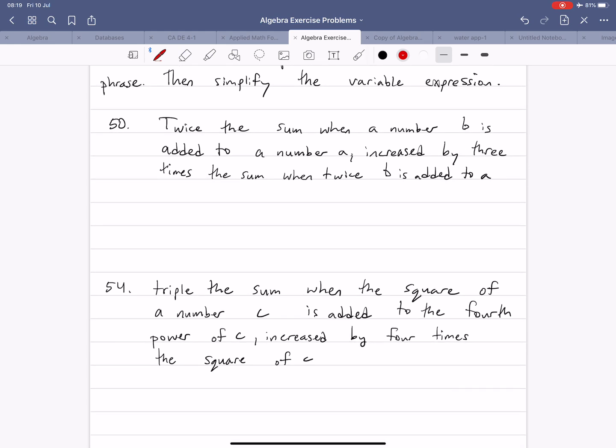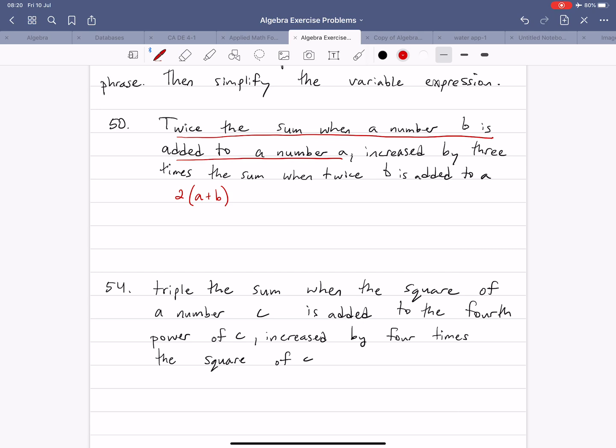So I'm going to do number 50. And here it says, twice the sum when a number b is added to a number a, increased by 3 times the sum when twice b is added to a. So I have twice the sum when a number b is added to a number a, that's going to correspond to a plus b, that's the sum, and I've got twice that sum.